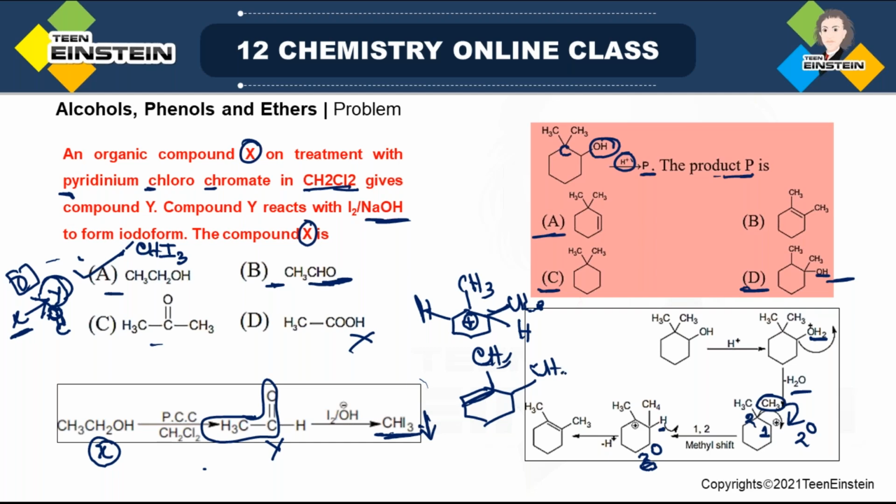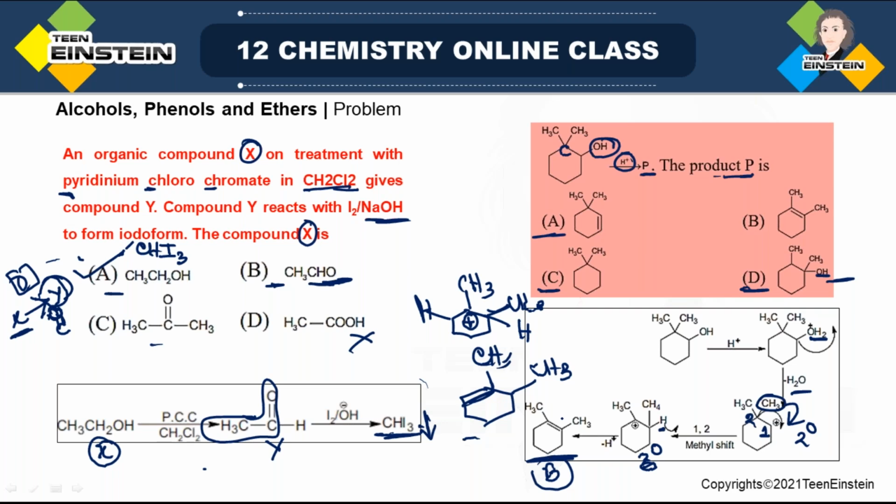And if you remove the right hand side hydrogen, as mentioned in this box, you will get this one. Among these two alkenes, option B is obviously the more substituted alkene.